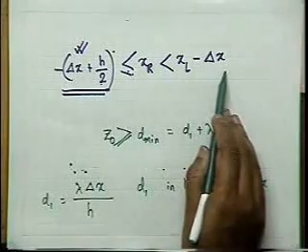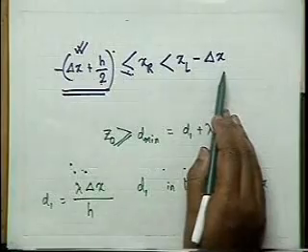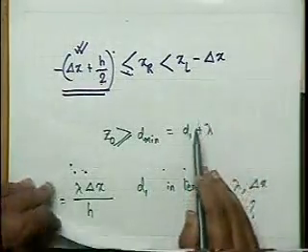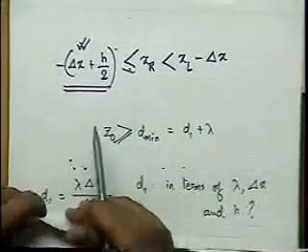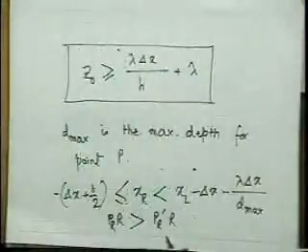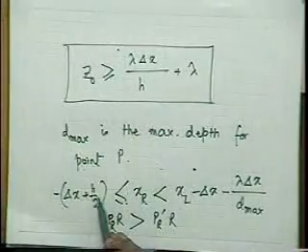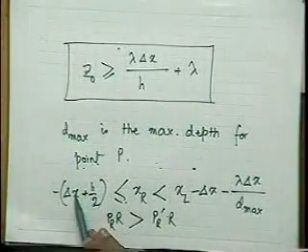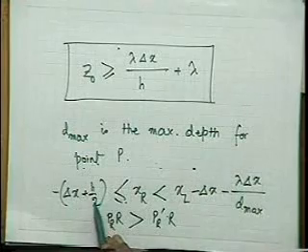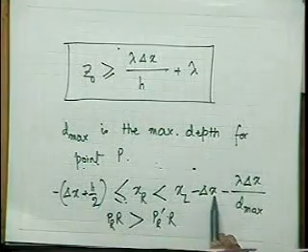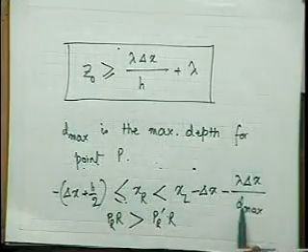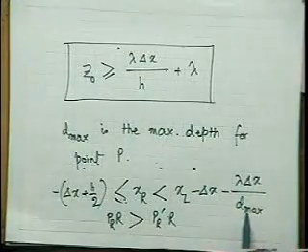But when I am permitting a maximum depth d max, the limits change. The limit on this side doesn't change, it is still minus delta x plus h by 2, but on the other side it becomes xl minus delta x minus lambda delta x by d max.